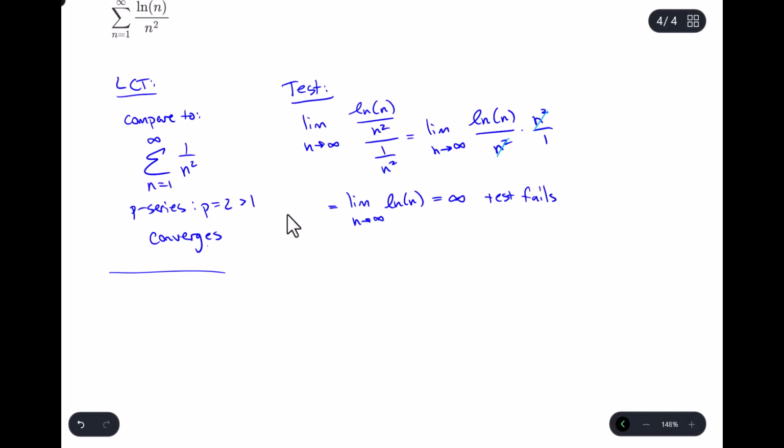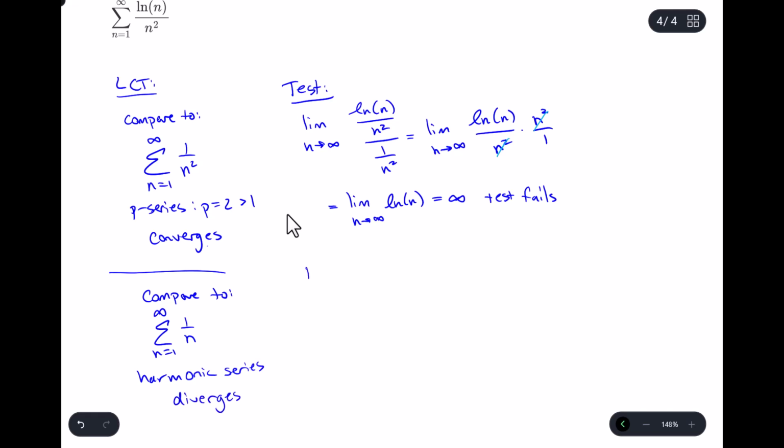So let's try again, but this time let's compare to the series from n equals 1 to infinity of 1 over n, which is the harmonic series, which diverges.